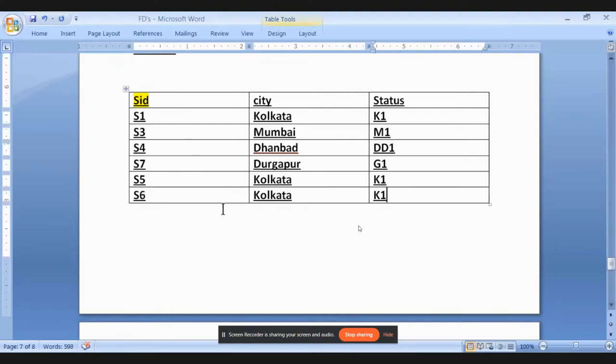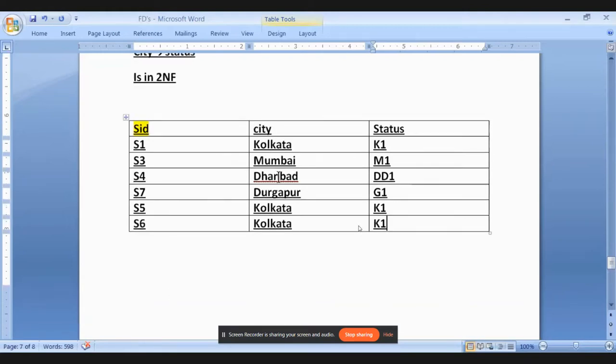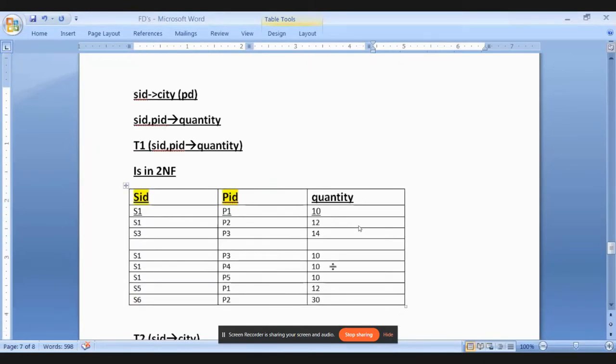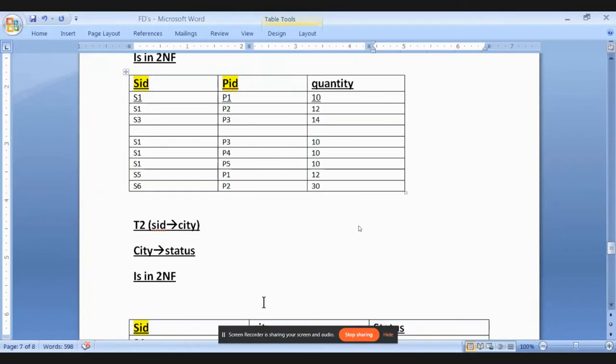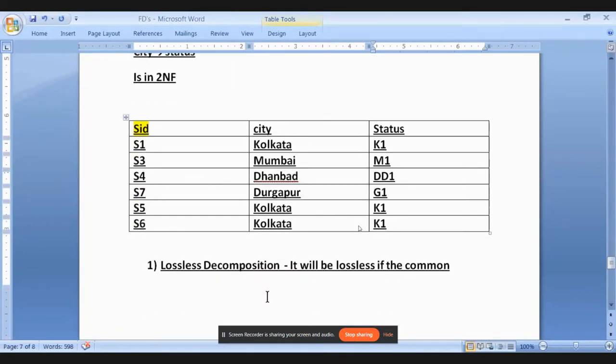There can be other records also; maybe more than one supplier stays in Dhanbad or Durgapur. I have shown you a very small instance. Now my question is, in T1 there was no redundancy, as I just explained. What about T2? Is redundancy present in the T2 table?